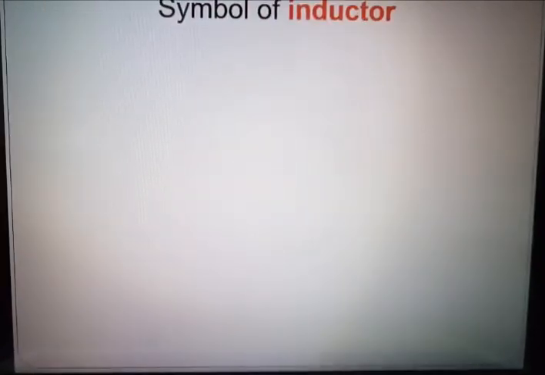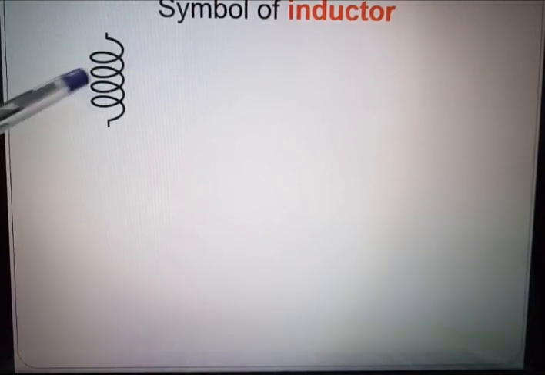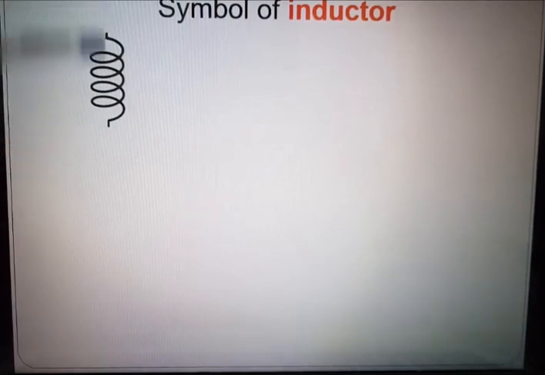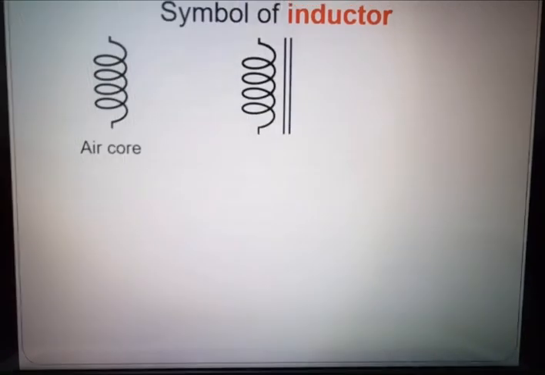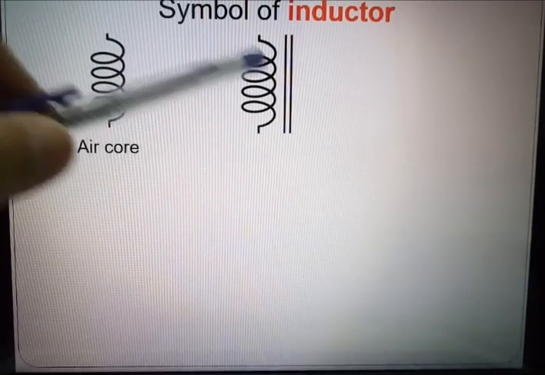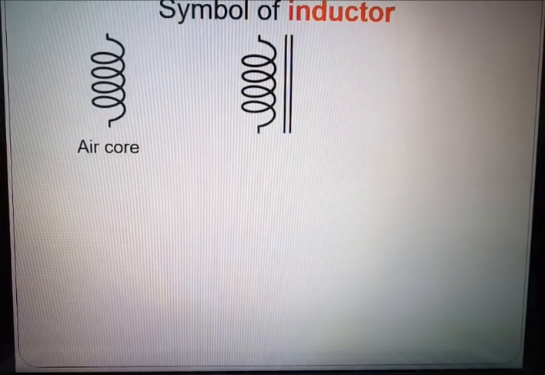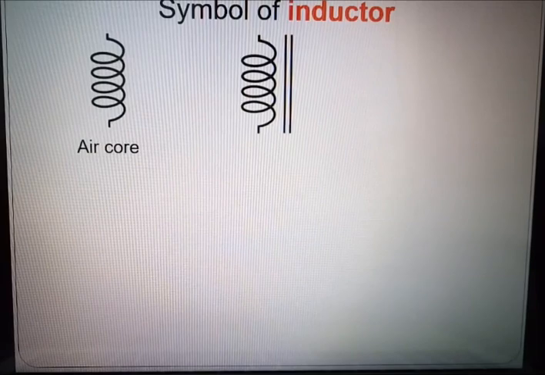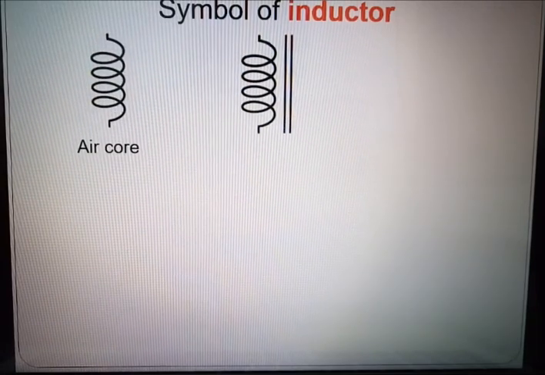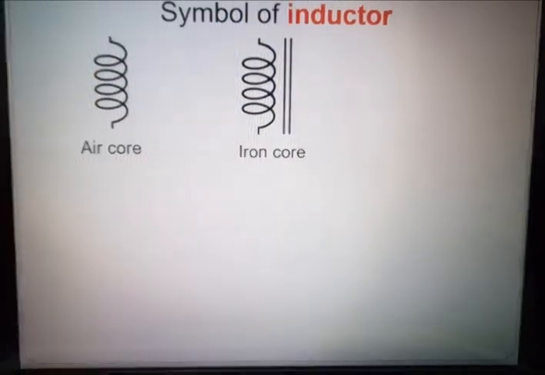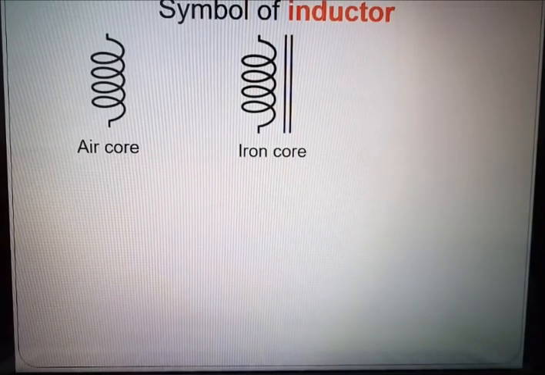Now the symbol of an inductor is this one. This is a coil of wire, and this symbol is named air core. Next we have another coil of wire, but with two lines parallel to each other, and this is called the iron, and this symbol is named iron core.